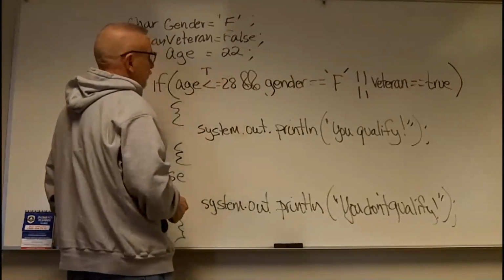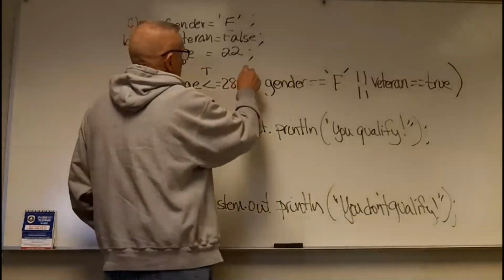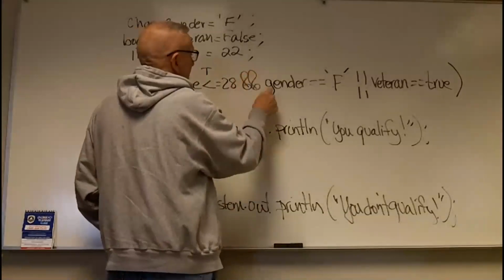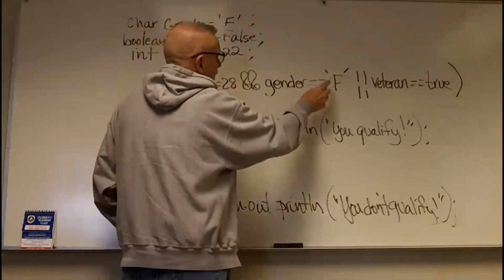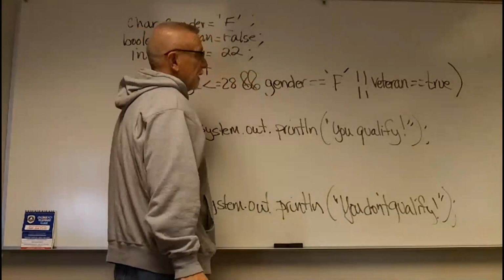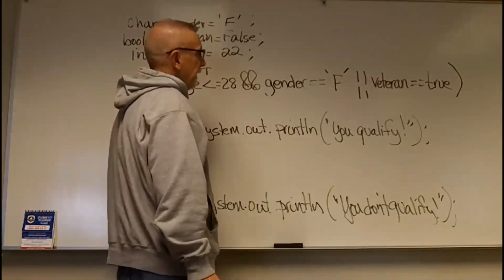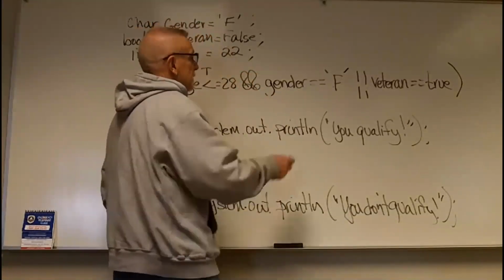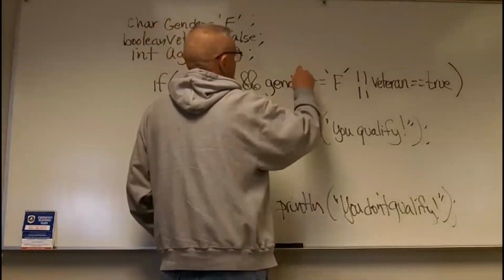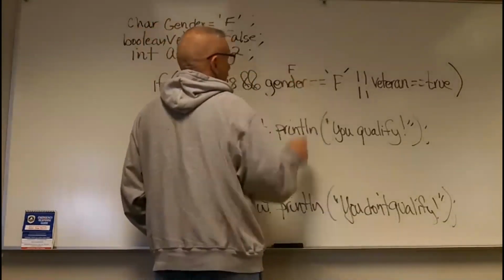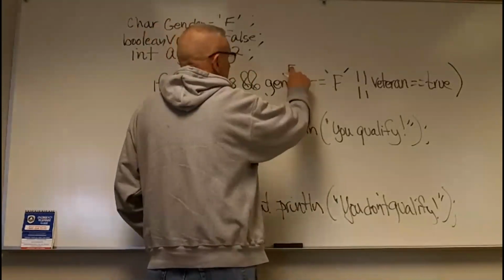So this becomes true. And then we have an and here, and the gender is equal to female, right? So she is a female, so she has a true there.